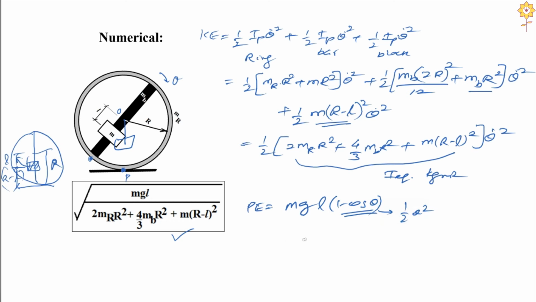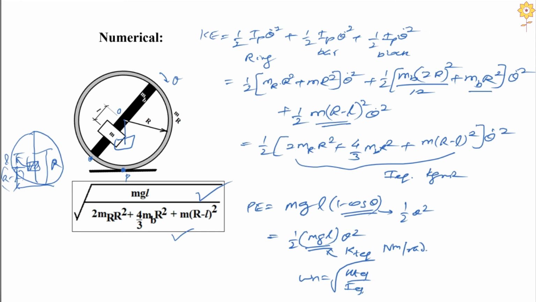We had already seen all these things, so this should be half times m g l theta squared, and the term within the brackets is nothing but kT equivalent in Newton meter per radian, fine. And omega n should be the square root of kT equivalent upon I equivalent, and this is the answer that we are getting.